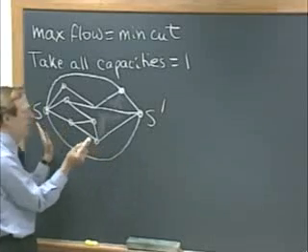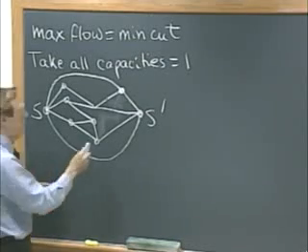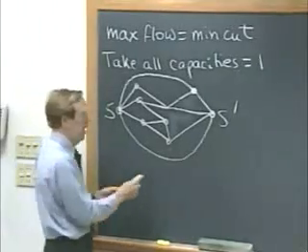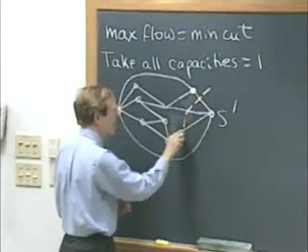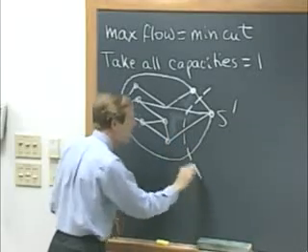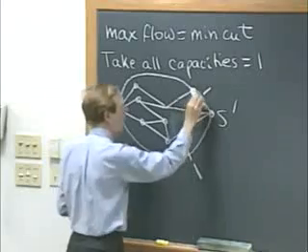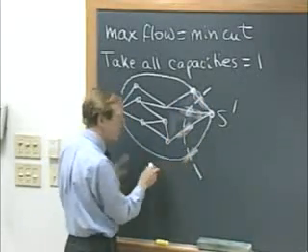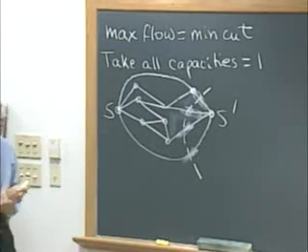I think maybe the maximal capacity is 4. Agreed? Yeah. And the cut that proves it is, in this case, sort of a degenerate case, the sink is all by himself in the cut. So there's a cut of 1, 2, 3, and 4 edges getting through, and that's the maximum flow also.